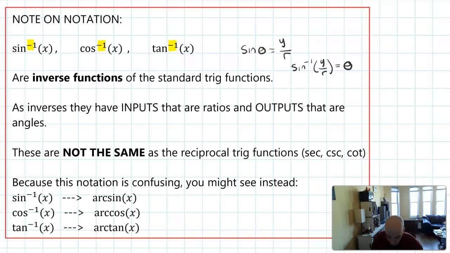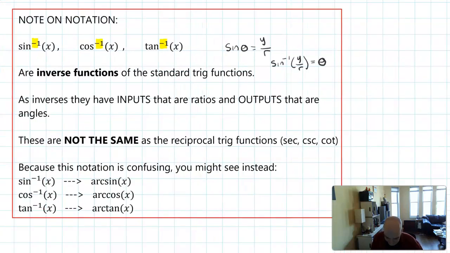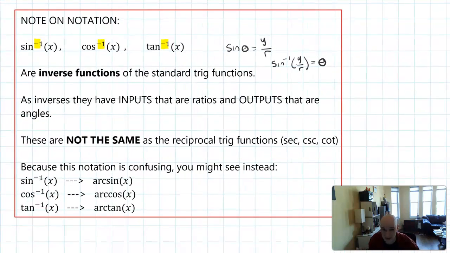Now, this is terrible notation. That -1 has been used and abused way too many times in math. So one thing you might see, and I will probably use it from time to time just to keep you on your toes, but I know our book uses a mix of both, is instead of writing sine inverse with that -1, they'll write arc sine and arc cosine and arc tangent to mean the inverse functions. That's just to keep them from being mixed up with the reciprocals.